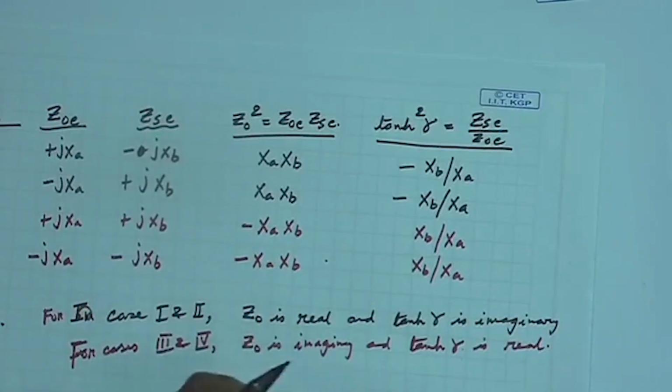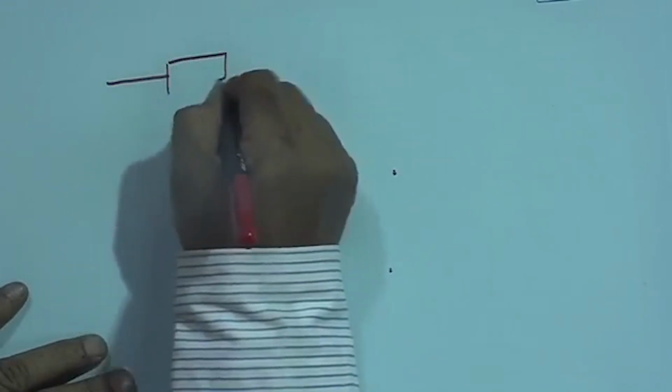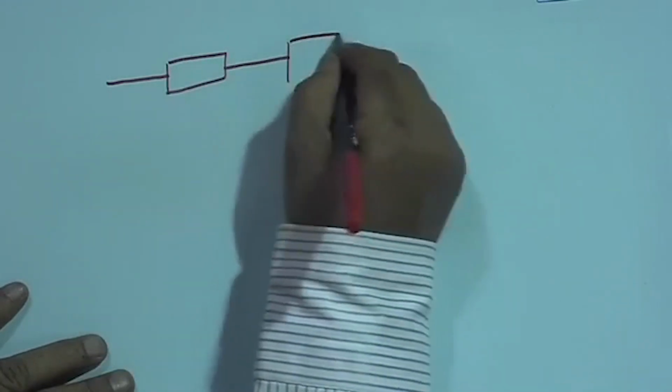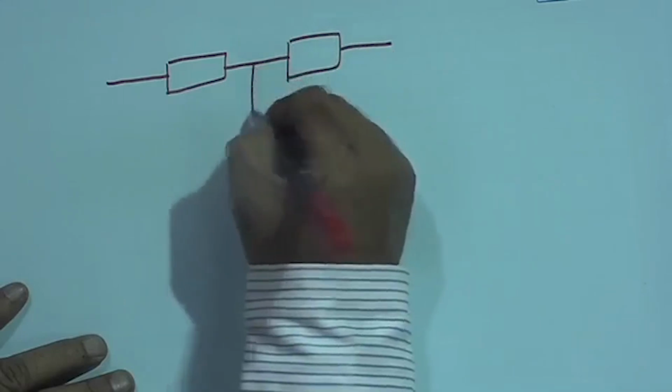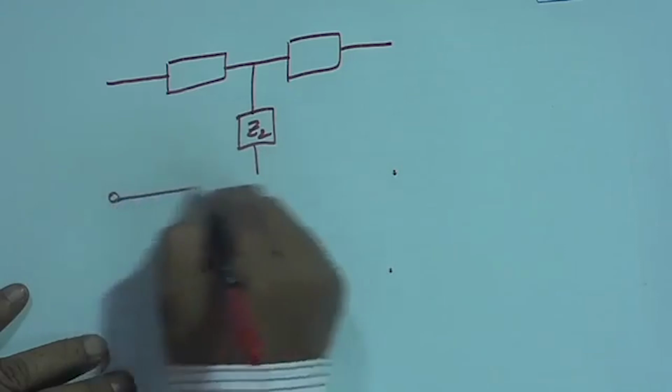Now, let me see my T section. I can also see it with pi section.